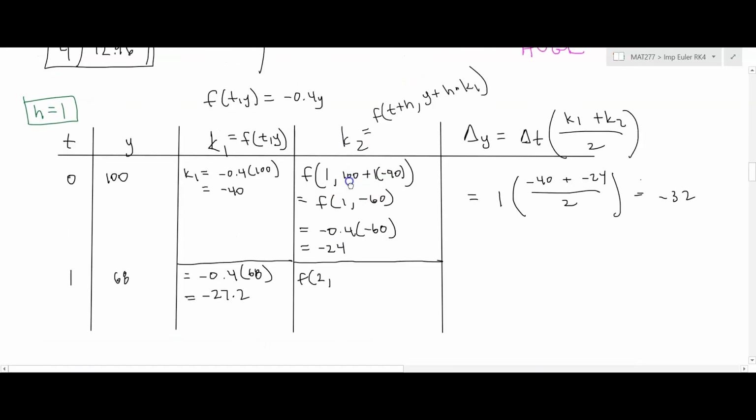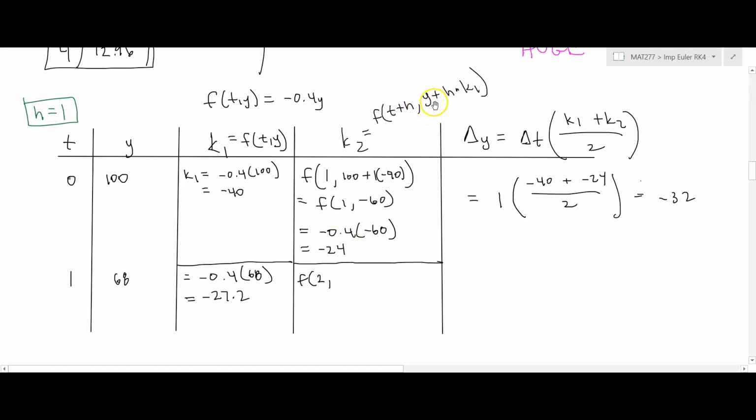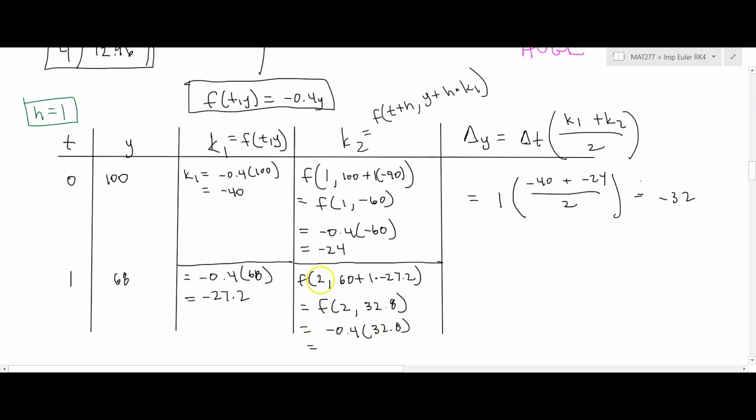The y component as the input will be y, which is 68, plus 1, my step size, times K1, which is -27.2, which evaluates to f of 2, comma, 32.8. All that means is that I just need to plug in 2 for t and 32.8 for y in my differential equation. And again, t does not come into play, so it's just going to be negative 0.4 of 32.8, which comes out to negative 16.32.